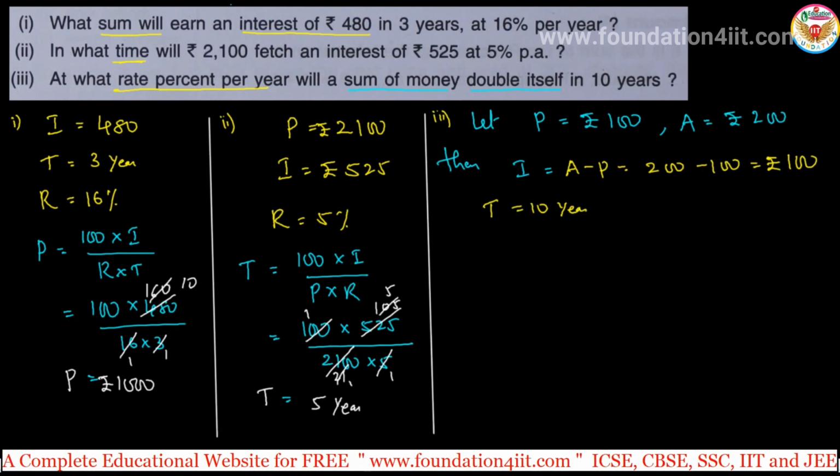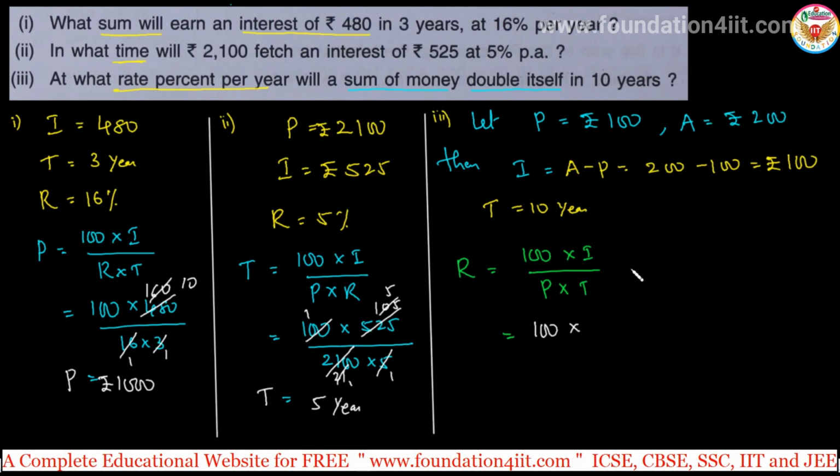Let us take the formula for rate. R is equal to 100 into I by P into T. Substitute the values here. So 100 into I is again 100, by P again 100, T is 10.